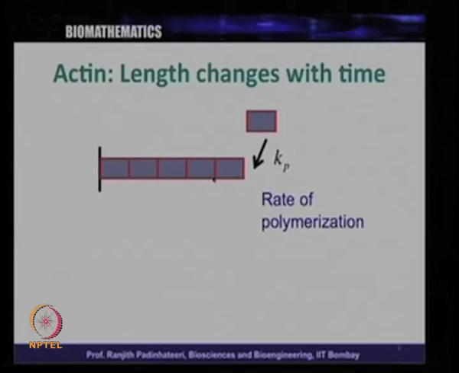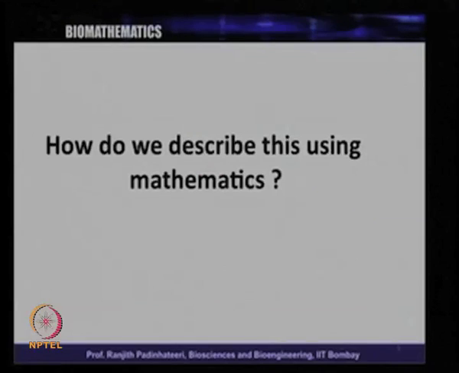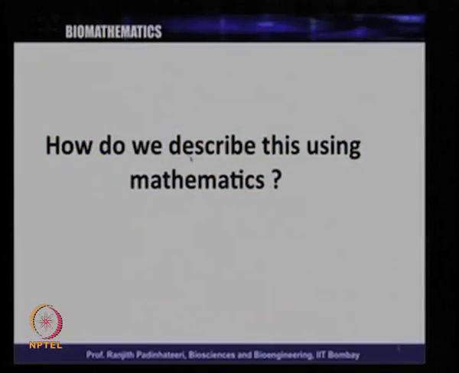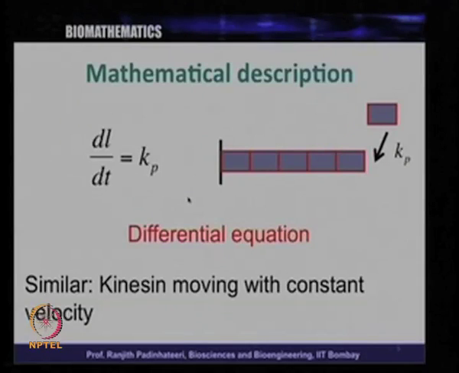The quantity that changes with time is the length. So, how do we describe this change in length mathematically is the question, and the answer to that is the following. Have a look at this slide.